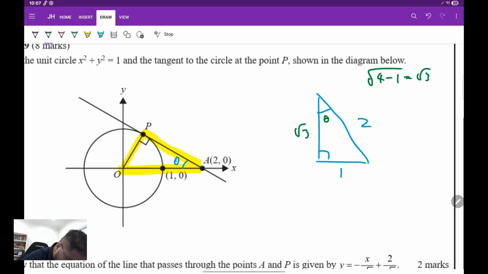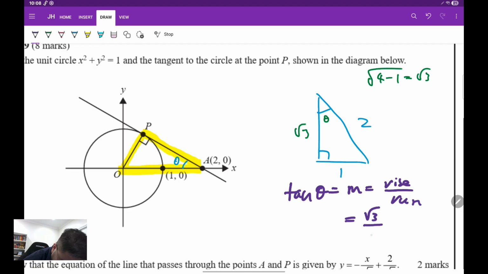the gradient of that. The other thing that we could do is calculate the gradient by using tan theta is equal to the gradient, which is equal to rise over run. And our rise in this case is root 3. Our run is 1.